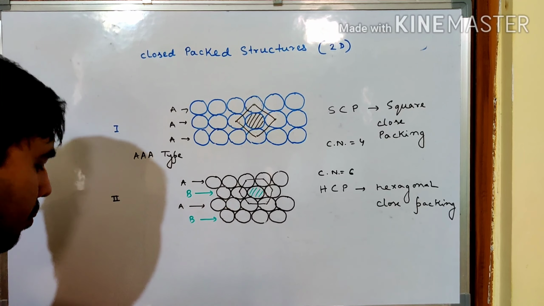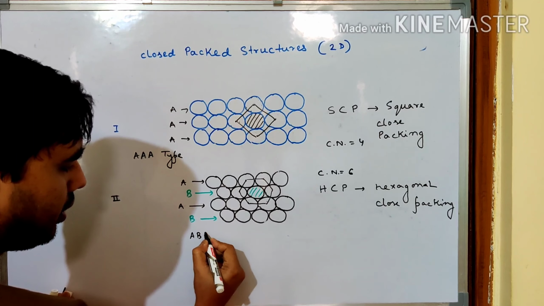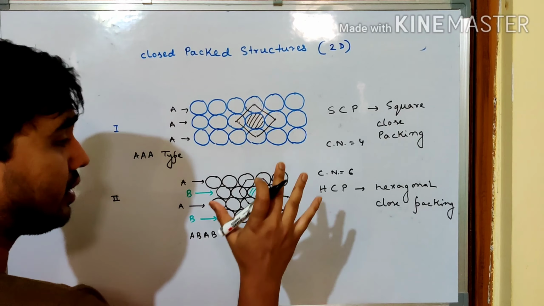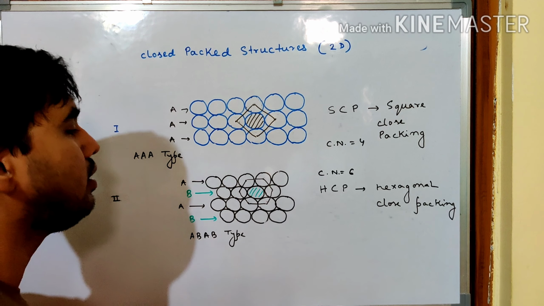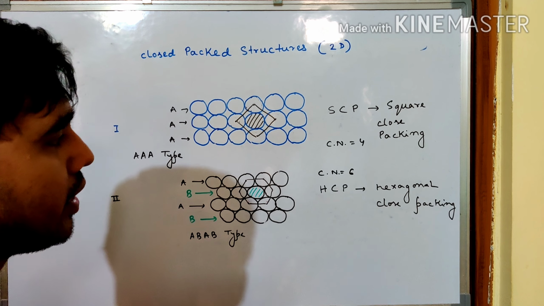So this type of arrangement is called AB type. Remember, till now we are talking only about 2D, but the actual structure we should consider in 3D. But we need to have the idea of 2D, then only we can talk about 3D.